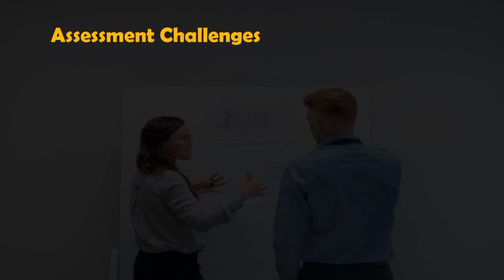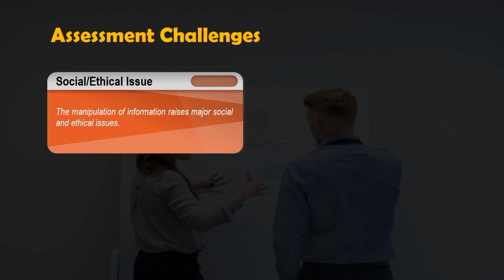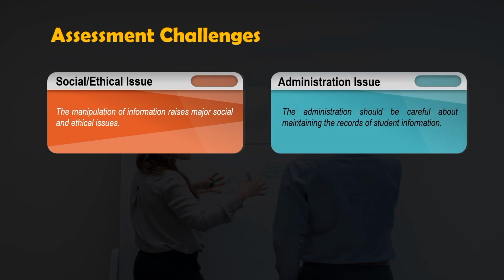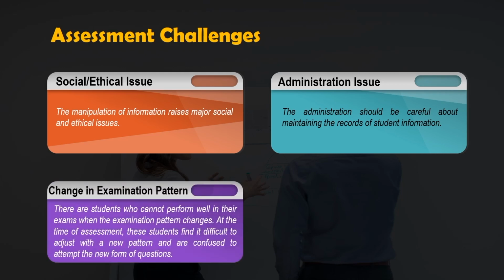And also we have some social and ethical issues, like the manipulation of information raises major social and ethical issues, as everyone knows. Again, we have administrative issues. The administration should be careful about maintaining the records of student information. Then change in the examination pattern.